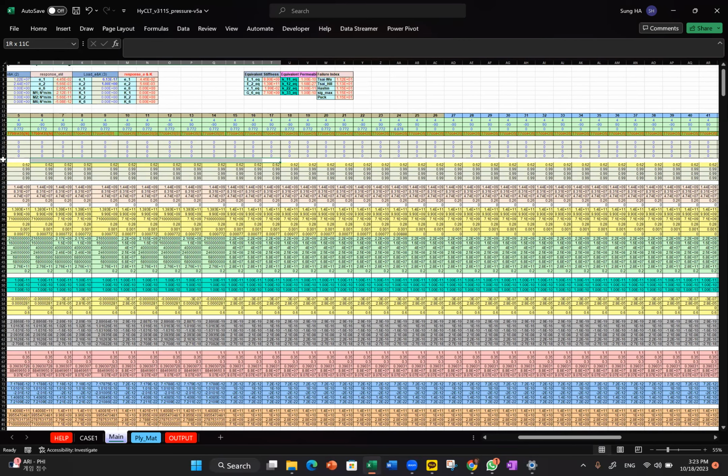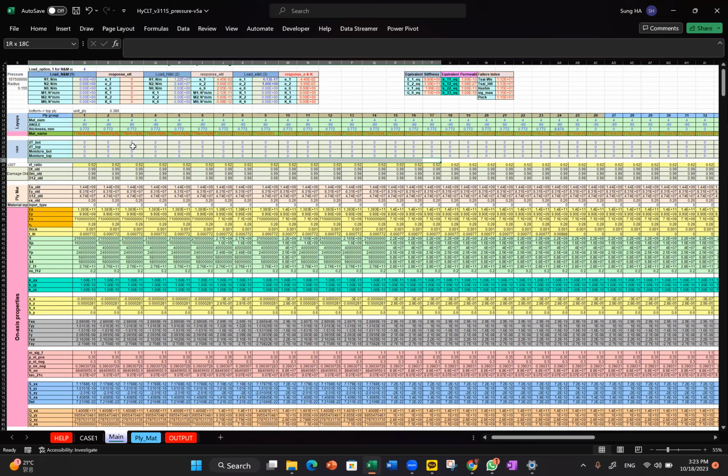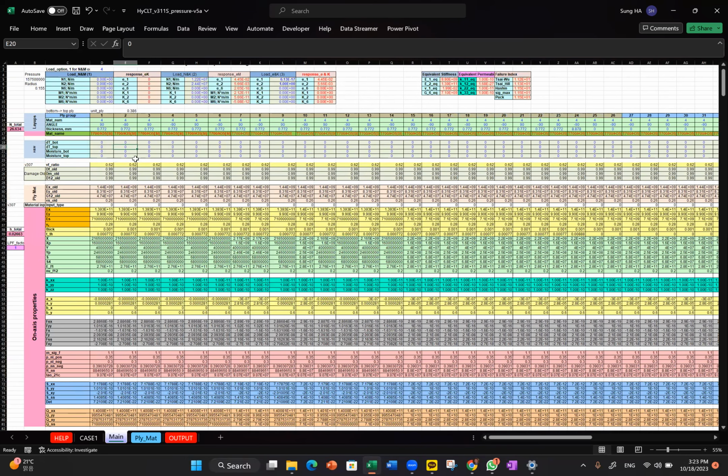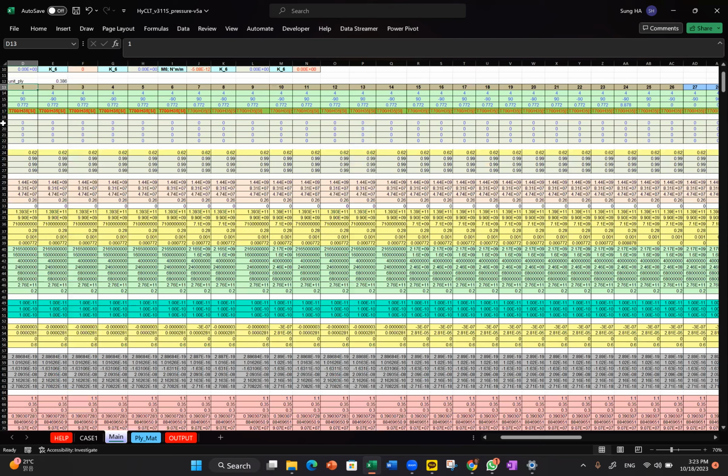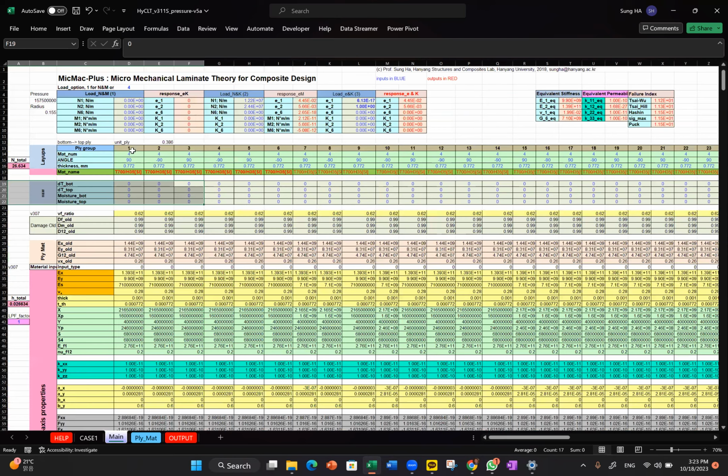In fact, each column represents a ply. So in this case, we can cover up to 52 plies, and each one will have information on what material and what angle and so on. That is basically the structure.